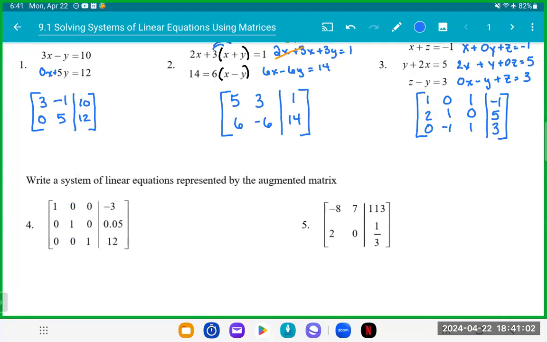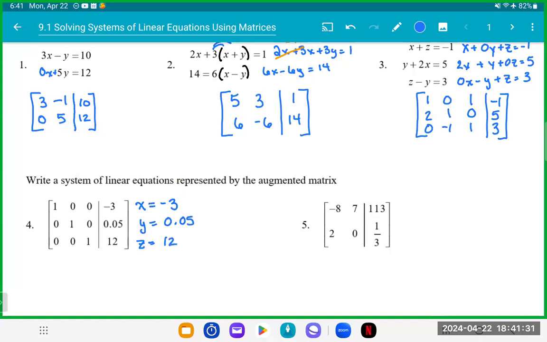Okay. And so this is really telling me that I have x plus 0y plus 0z is equal to -3. Okay. Well, when we write equations, we don't really write those zeros in, right? So we would just say x is equal to -3, y is equal to 0.05, and z is equal to 12.